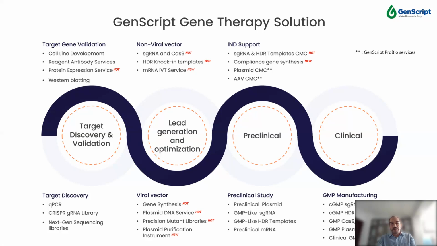Target discovery, target validation, viral vector lead generation and optimization, non-viral vector lead generation and optimization, preclinical studies, IND, we provide IND support and also help with IND filing. We also provide GMP manufacturing for clinical trials as well as drug manufacturing.